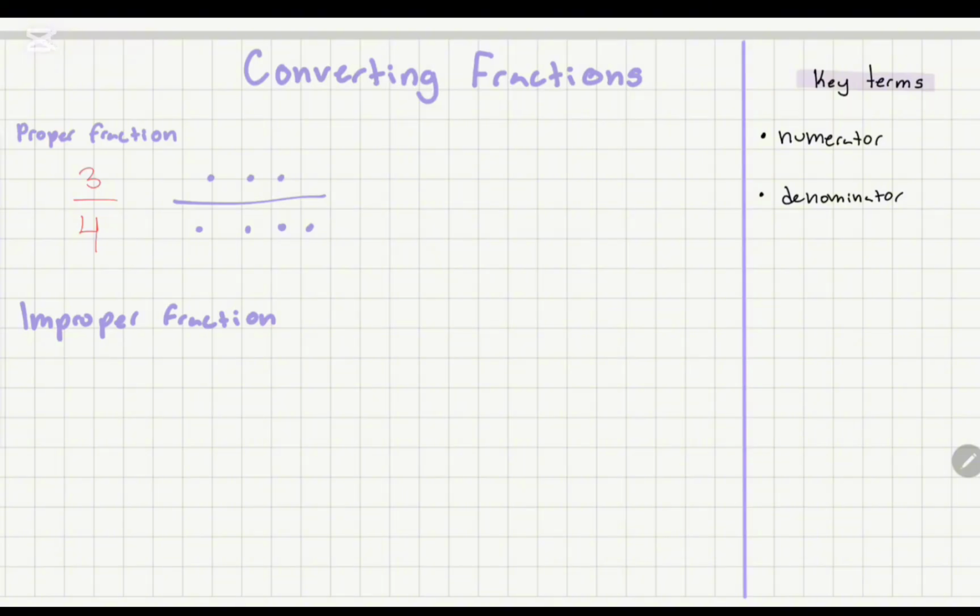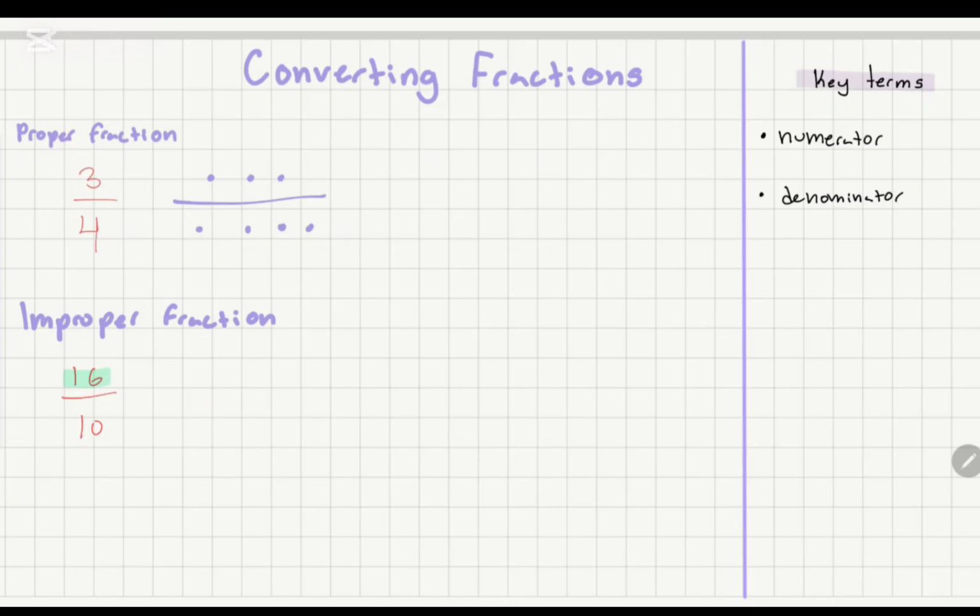That is the opposite. So a proper fraction was our numerator was smaller. Now, in an improper fraction, our denominator is smaller. For example, 16 over 10. See how 16 is bigger than 10? That is improper.